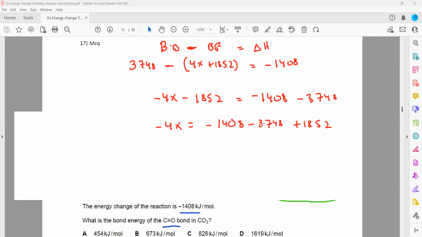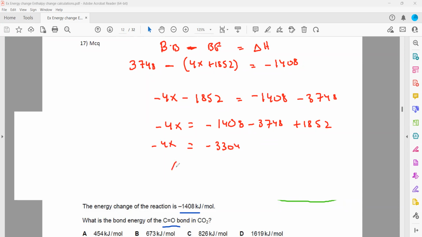What is the result on the right hand side when you solve minus 1408 minus 3748 plus 1852? So minus 3304 is equal to minus 4x.